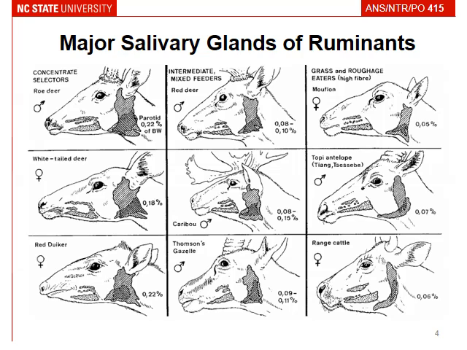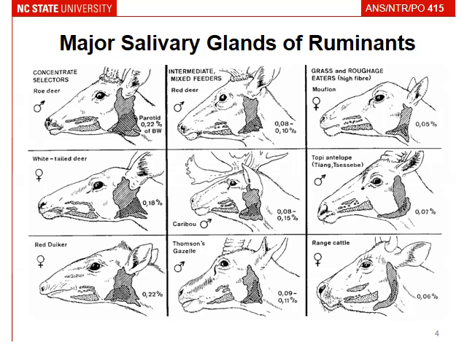So here's an example just looking at the different ruminant species and how these salivary glands can change very greatly. On the left-hand side here, you can see the concentrate selectors, which include deer. These animals are browsers, they eat more leaves, compared to the right-hand side, which includes cattle and antelope, and those are more of the grazers.